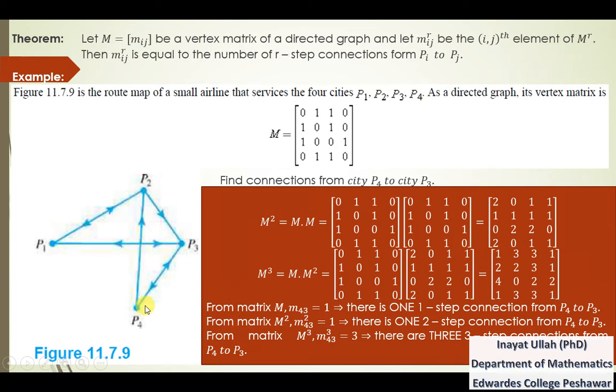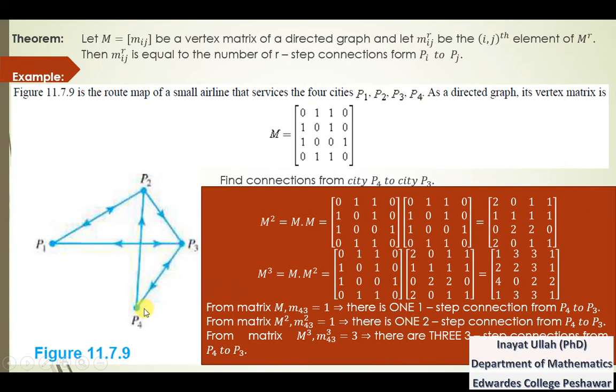If you look here, you can move from P4 to P3, that is 1 step. Then from P3 to P4, that is the second step. And then again from P4 to P3. So one 3-step connection is this one.